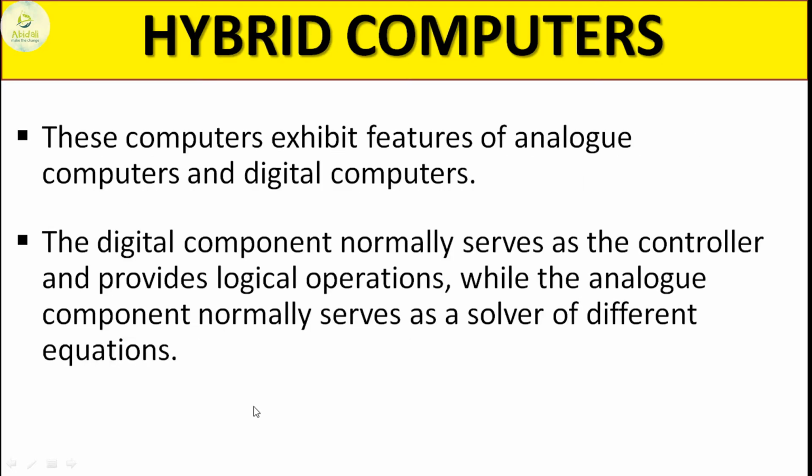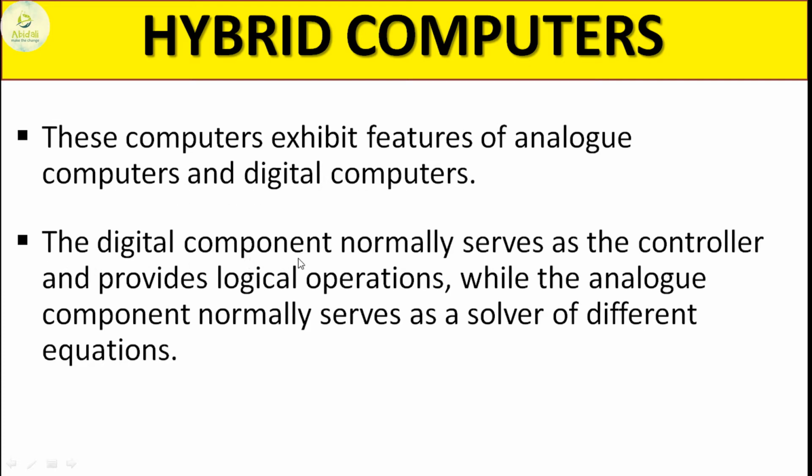Moving to the next category of computers, the hybrid computers. The hybrid may be a combination of both analog and digital. That means these computers exhibit features of analog computers and the digital computers also.